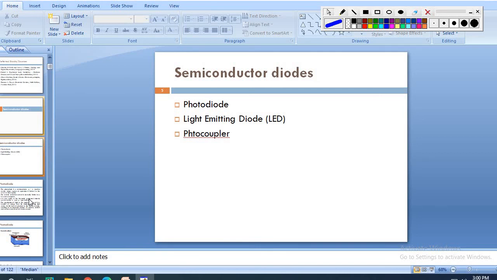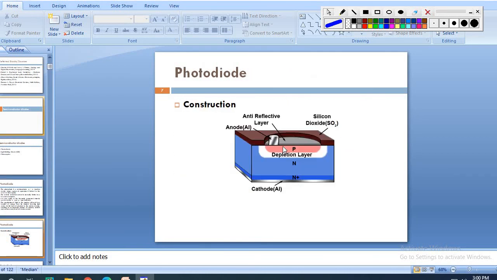First, the photodiode construction, which we already saw. It has a P and N type with a depletion layer, and on top of the P type there is the anode. Silicon dioxide is used so that light can fall on the semiconductor.